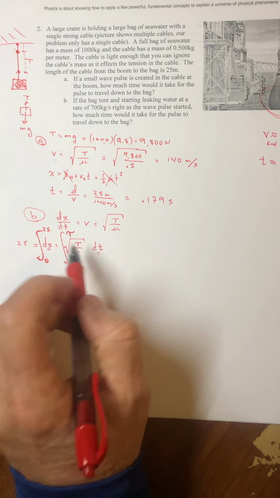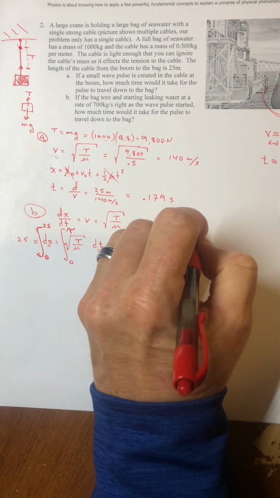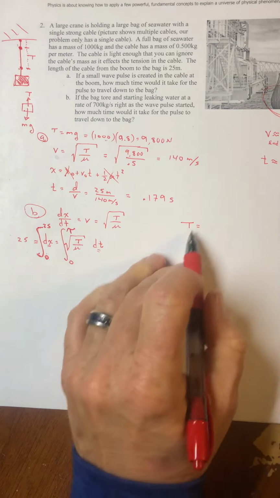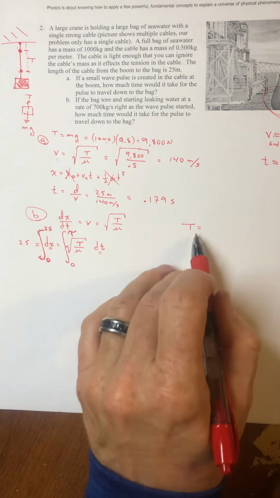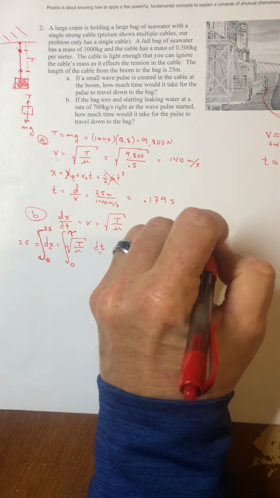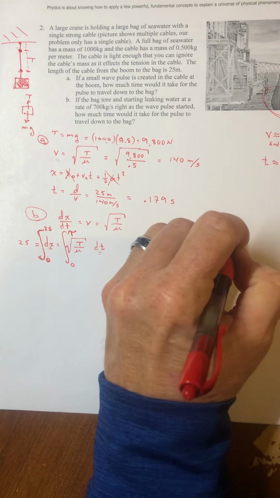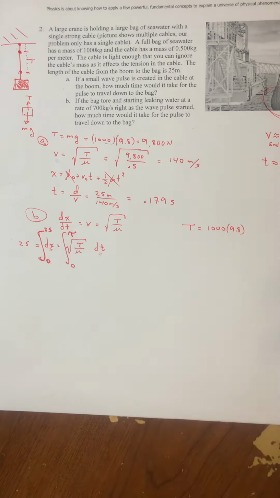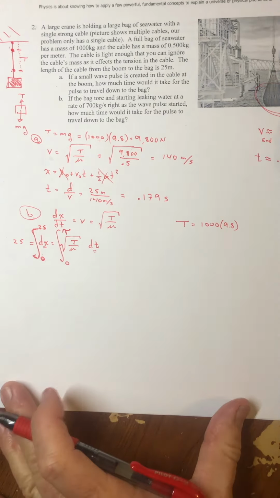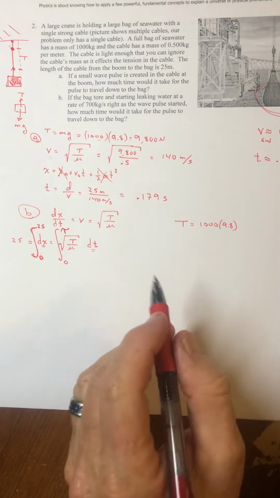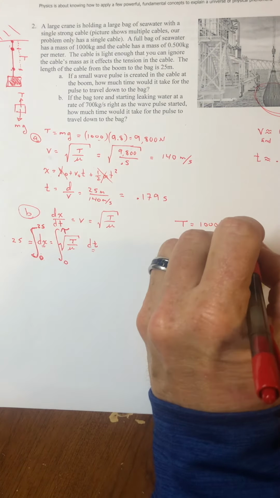But even before we get that, we should probably write, as we said, how does the tension change with time? Because we know it starts with this much tension. This is the 1,000 kilograms times 9.8.